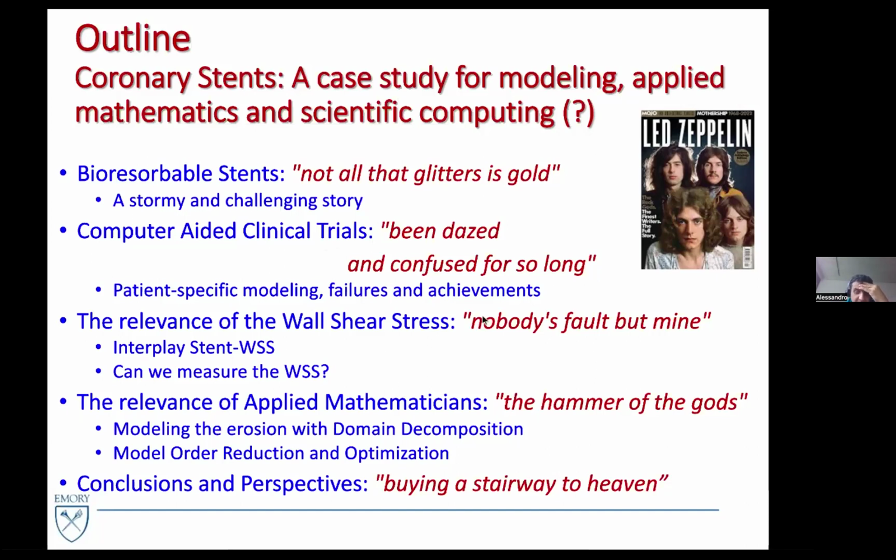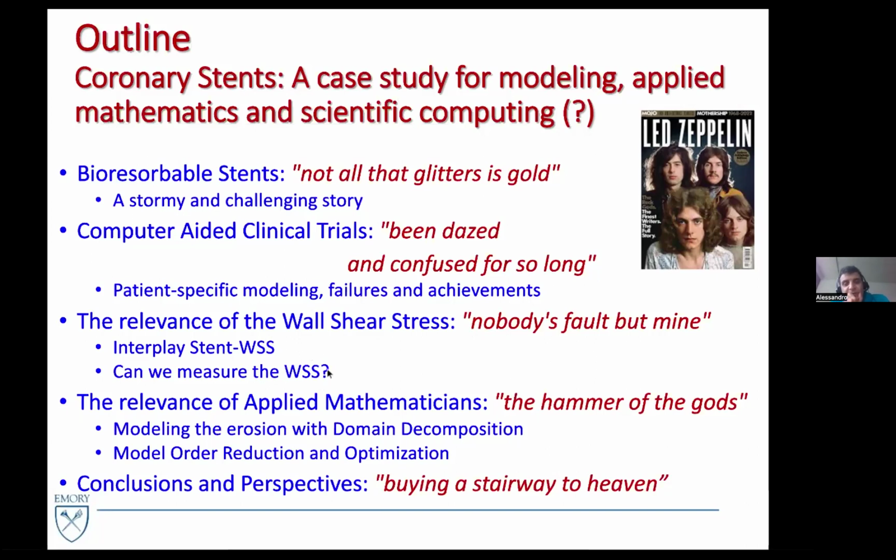Then I want to point out what the wall shear stress is. This is a very biomedical engineering concept, and a very important biomarker, important for the design of coronary stents. But the interplay between stent and wall shear stress is not so clear.